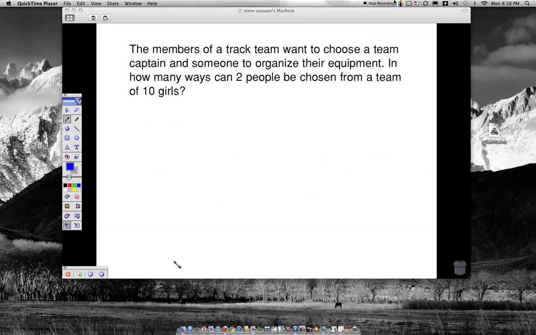Next, let's take a look at the members of a track team who want to choose a team captain and someone to organize their equipment. So I need a captain and I need an equipment manager. In how many ways can 2 people be chosen from a team of 10 girls? So I want to pick 2 of these people.